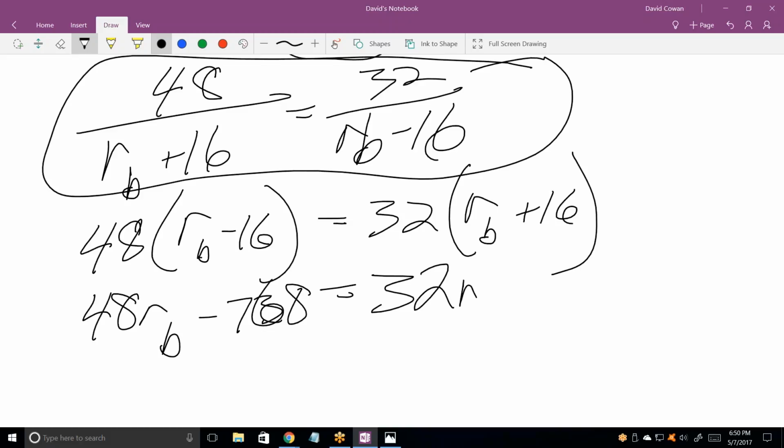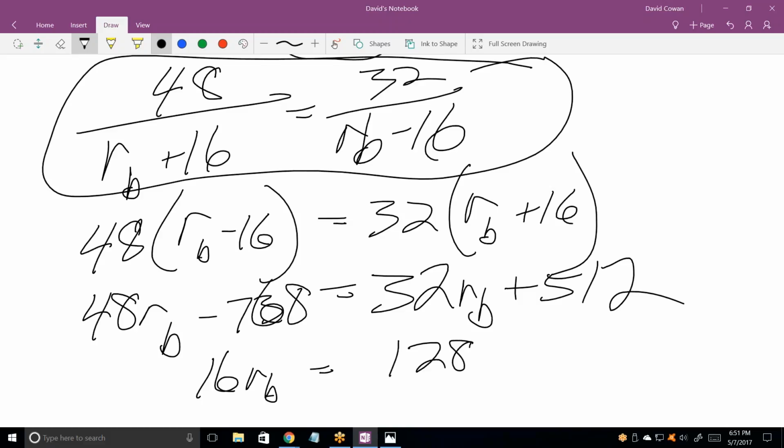Next step? Add the 768 to both sides and subtract the 32 RB. Okay, so that's 16 r sub b equals 1280.